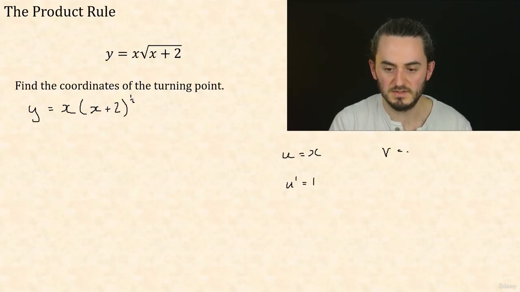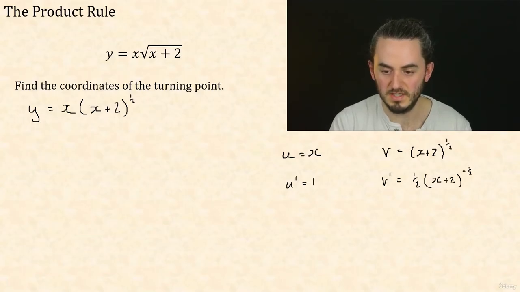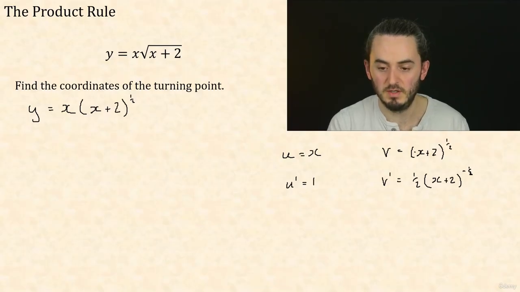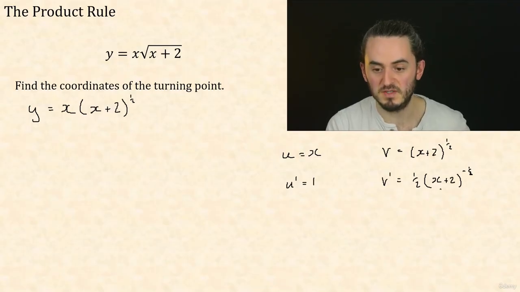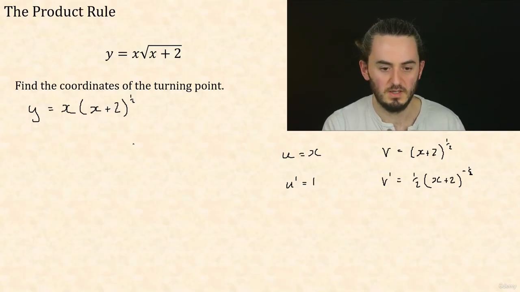And v is x plus 2 to the half, which means that v dash is a half x plus 2 to the minus a half. Now, strictly speaking, I've just used the chain rule there because it's some stuff to the power of n. So power came down to the front and dropped by 1. Then I multiplied by the derivative of this stuff. It's just the derivative of the stuff in this case was just 1.